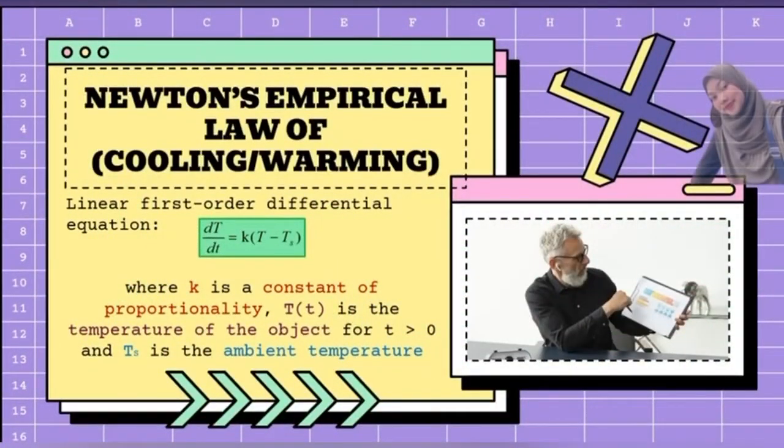Newton's empirical law of cooling or warming uses a linear first-order differential equation as stated there. K is a constant of proportionality. The function T(t) is the temperature of the object for t more than 0, and Ts is the ambient temperature.